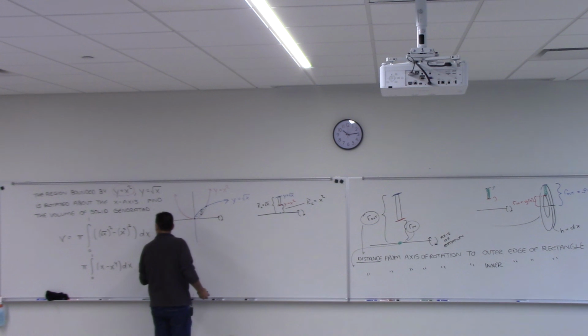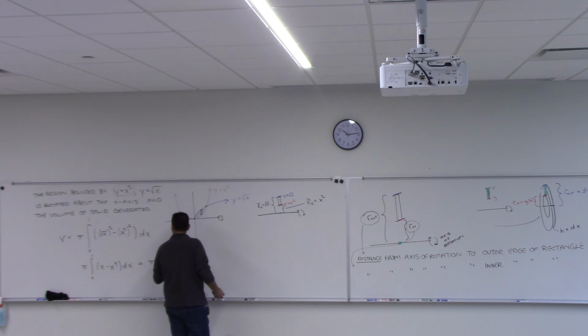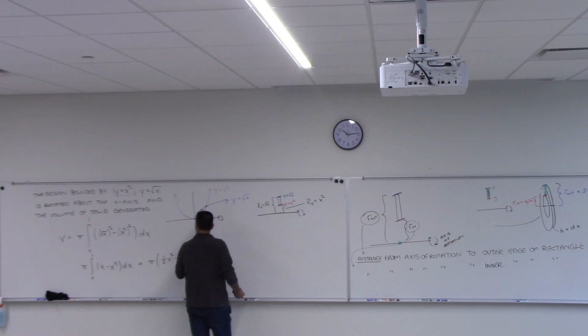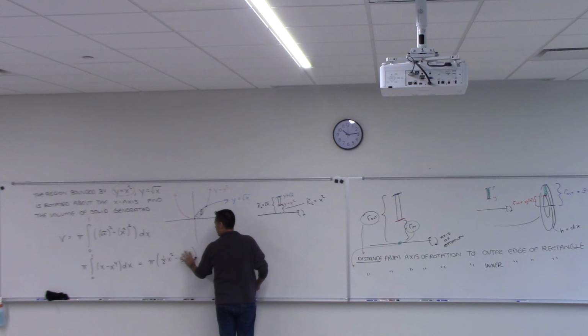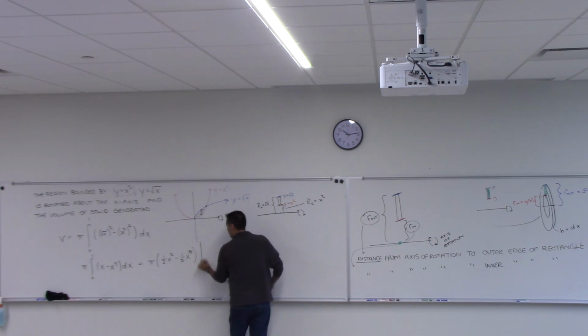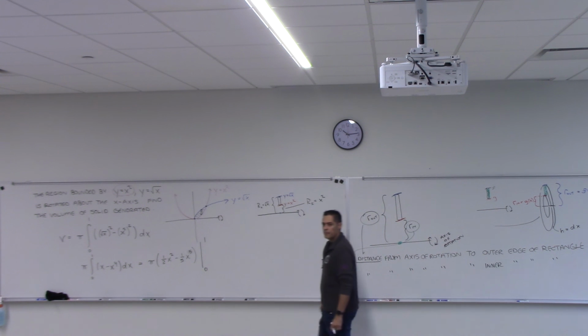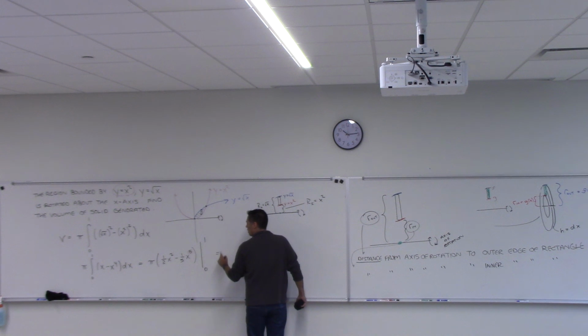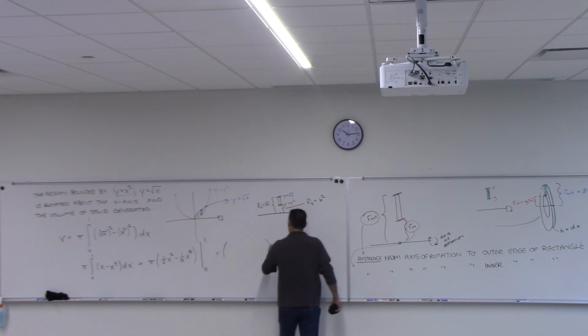So the antiderivative now, bring the pi for the ride. 1/2 x squared minus 1/5 x to the 5th. That's your antiderivative. Evaluating that, fundamental theorem of calculus, 0 to 1, right? And when you plug in 1, let's see, 1 into that, then you have to plug in 0.